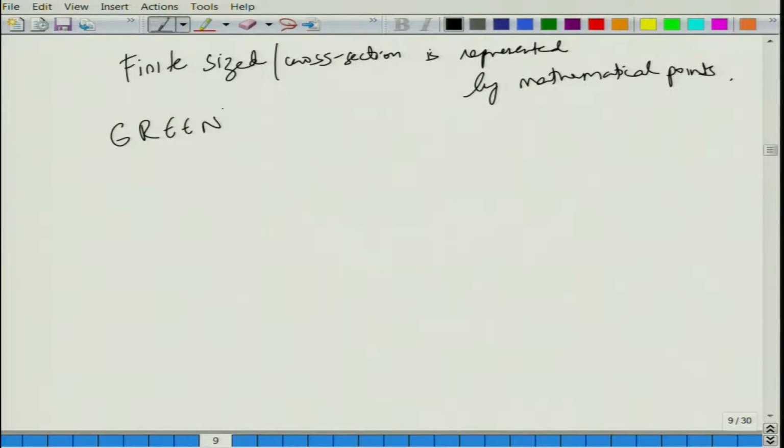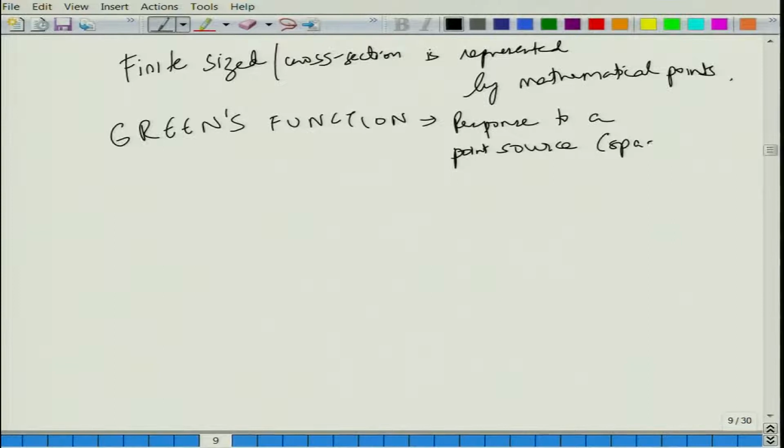Green's function is by definition the response to a point source in space or impulse in time, like a clapping or bursting of a balloon. So this is the Green's function representation when you represent the piston by a point source.